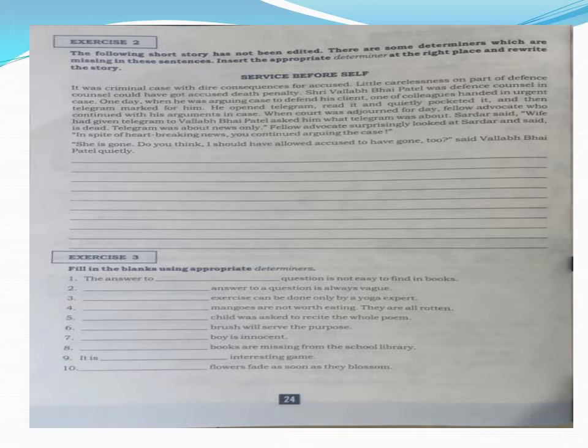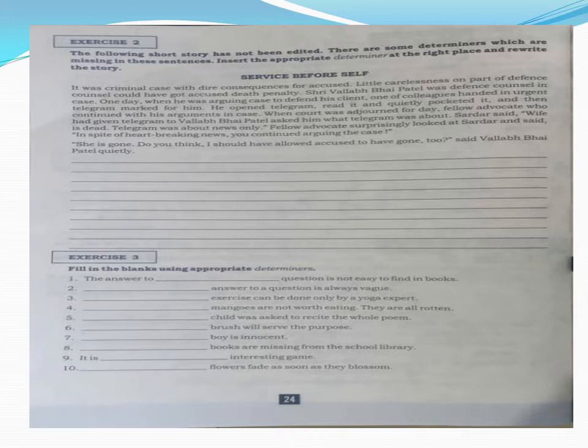Okay, so the answer to the question. Why the? Because the question is the one whose answer we are searching for, so we are talking about that specific question. So that's why here question becomes definite. So the article the we will use here as a determiner.